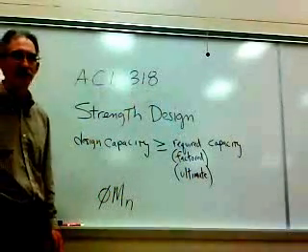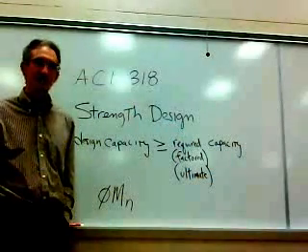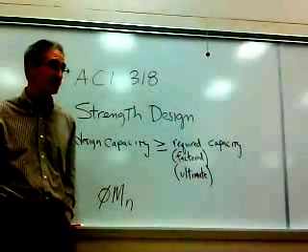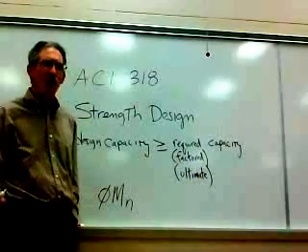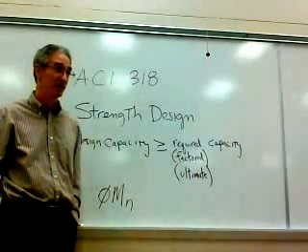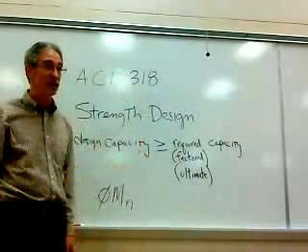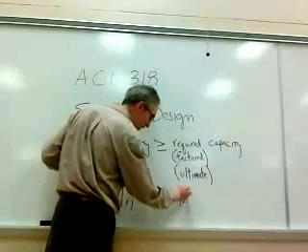Nominal moment capacity. Where's that going to come from? Formula, right? There's going to be some formula we learn. We say, hey, here's the formula for nominal moment capacity. Is that virtually the same as what you did with steel? In a general way? Yeah, it is. That's got to be greater than or equal to Mu.